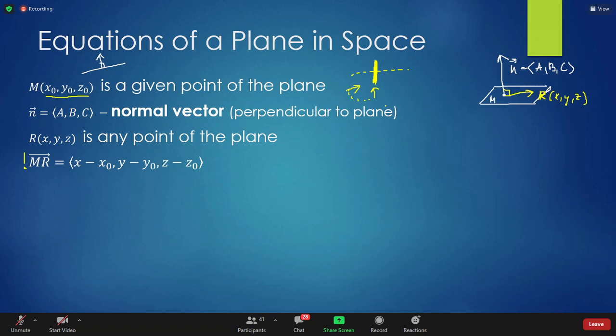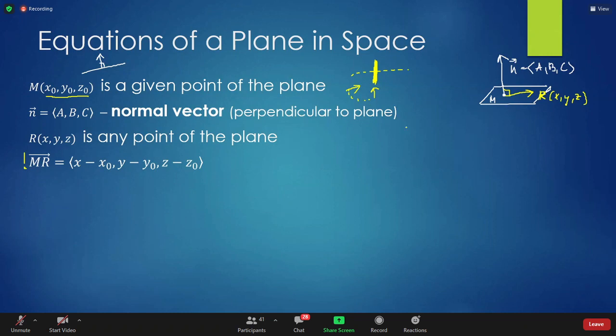If a line is perpendicular to a plane, this simply means it is perpendicular to any other line in that plane. So if the vector n is perpendicular to my plane, it means it must be perpendicular to any other vector, any other line in that plane. In other words, it doesn't matter where the point R is.